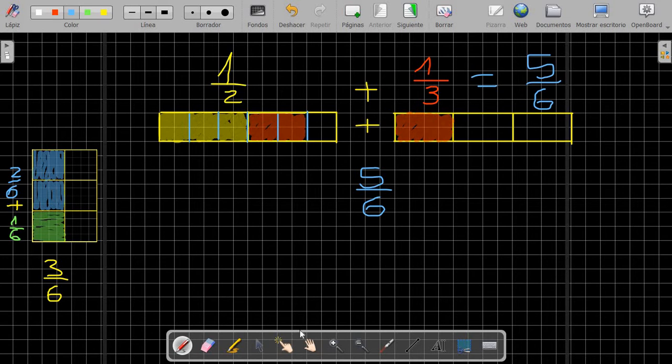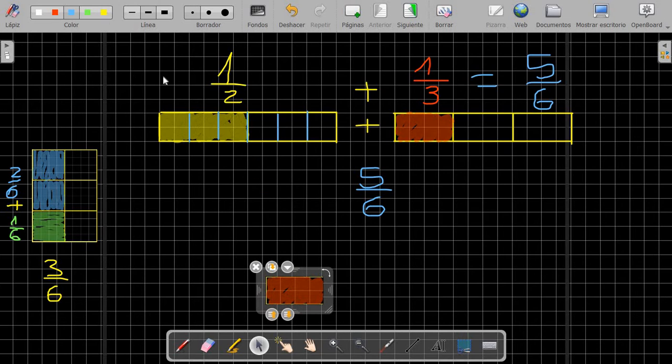How can that happen? Well, let's do it another way. What if instead of cutting the third from here, I cut the half from here? Let's see what we'll get. Here I have the half, and I'll place it right here.